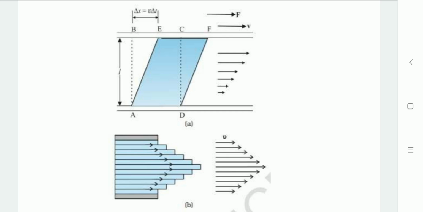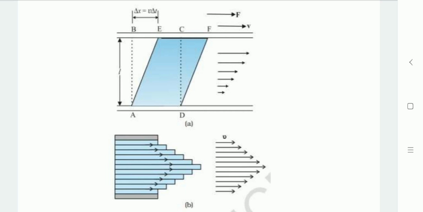The fluid in contact with the surface has the same velocity as the surface. So the layer of liquid in contact with the top surface moves with velocity v, and the layer of fluid in contact with the fixed bottom surface is stationary. So the velocity of the layers increases from bottom to top.